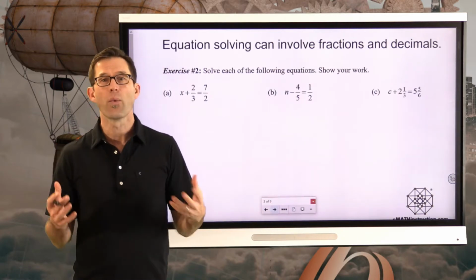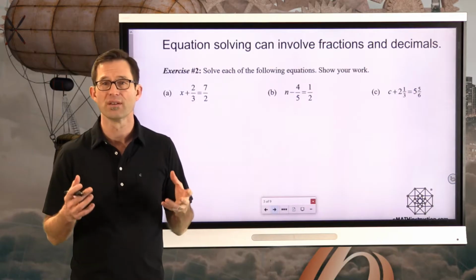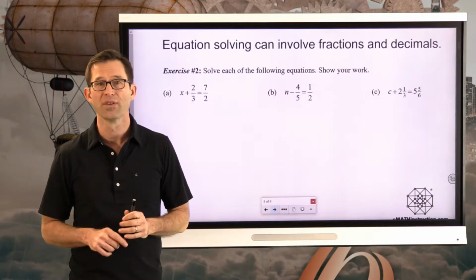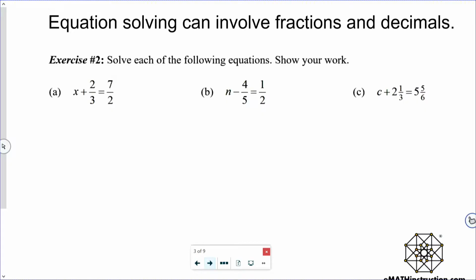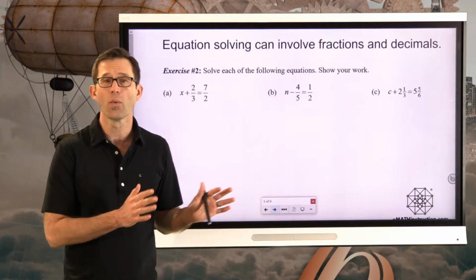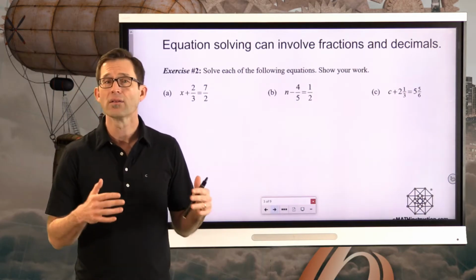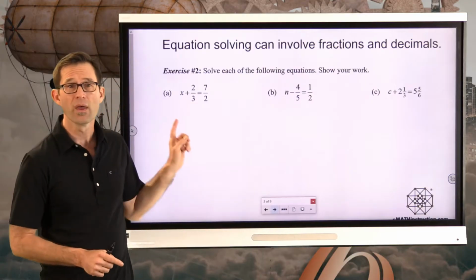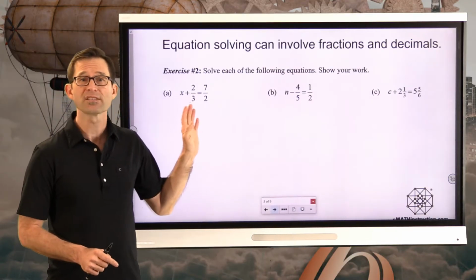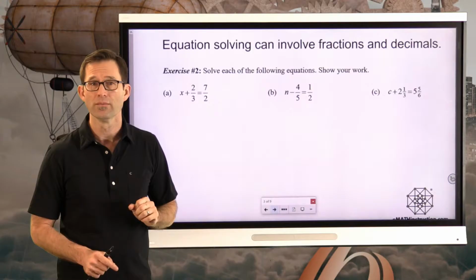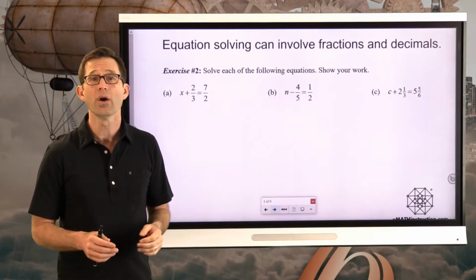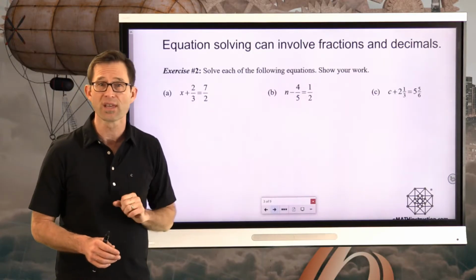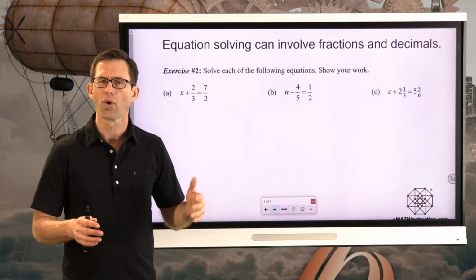All right, equation solving can involve fractions and decimals. Let's play around with this idea. Exercise number 2. Solve each of the following equations, show your work. Now let's take a look at each one of these and demystify them, because there's a lot of fractions. Ultimately, letter A, I've got x plus a number equals a number. So this is really no different than x plus 5 equals 7, except the numbers are more obnoxious.